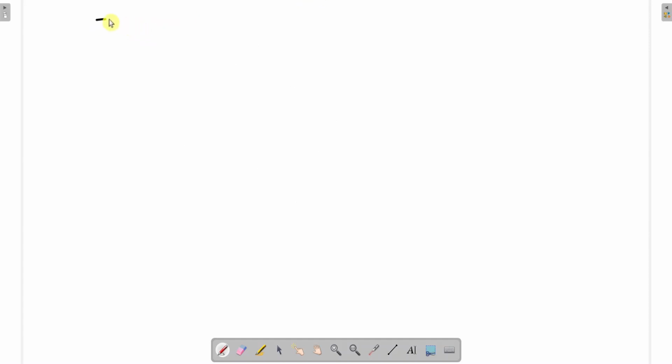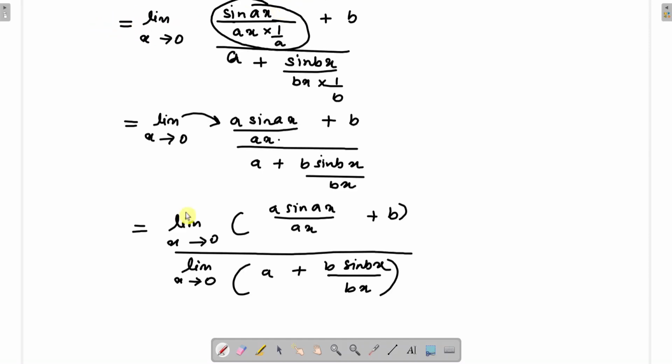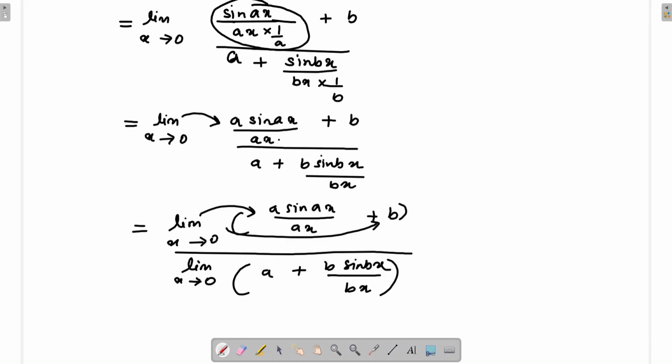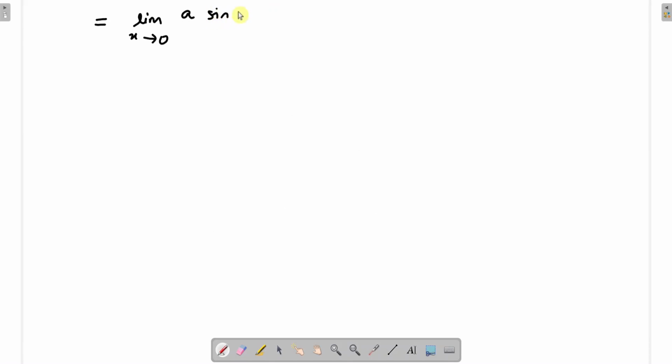So what I'll get here, limit we can now take to both the terms in the numerator. Okay, so limit x tends to 0 of a sin ax divided by ax plus limit x tends to 0 of b, which is a constant.